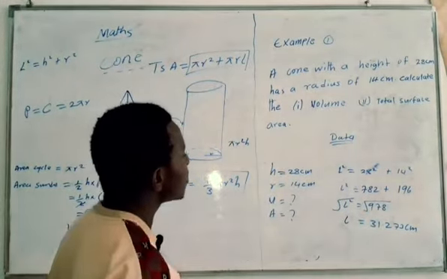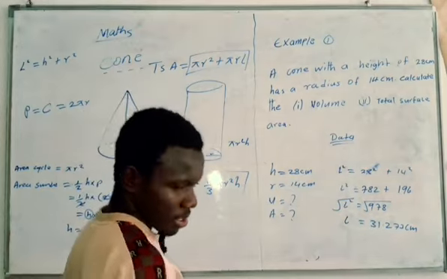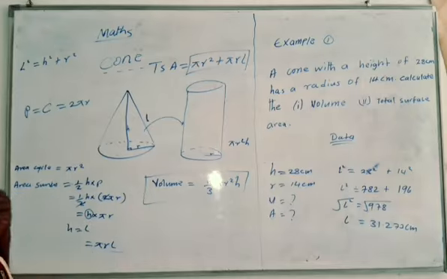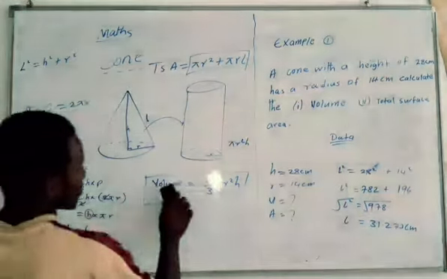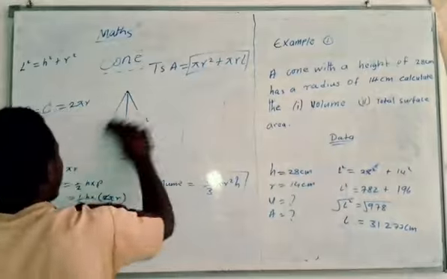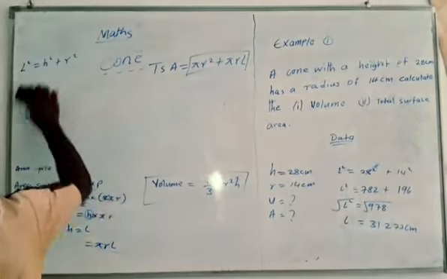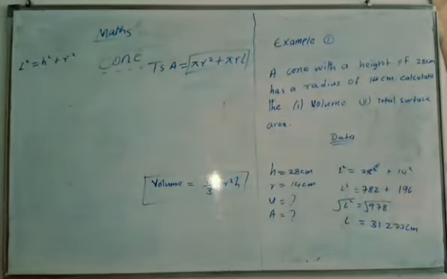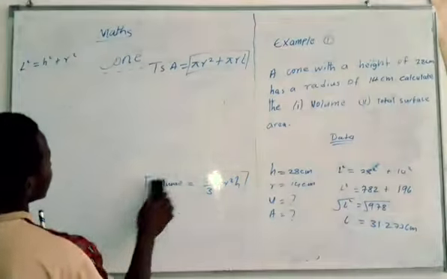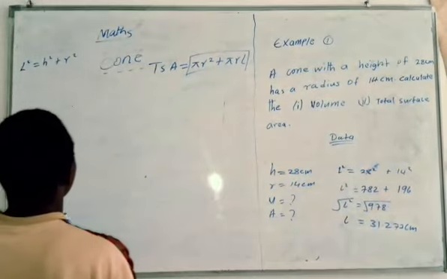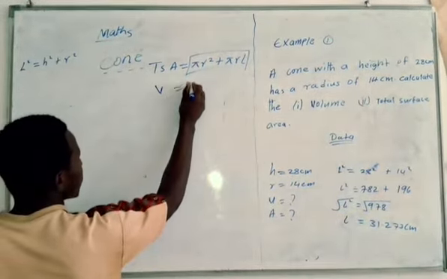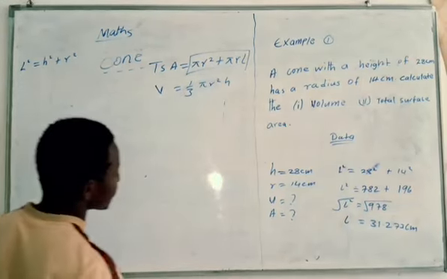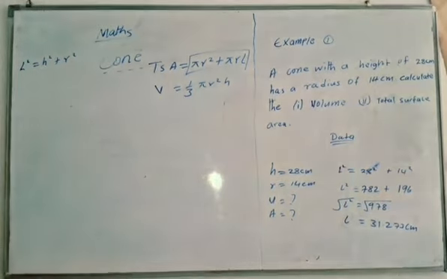So after having the slanted height, we can go and find the volume and also the total surface area. So let's make space here. Let me take the volume and write it up. The volume is equal to one third pi r square h. Now, the first question says the volume.